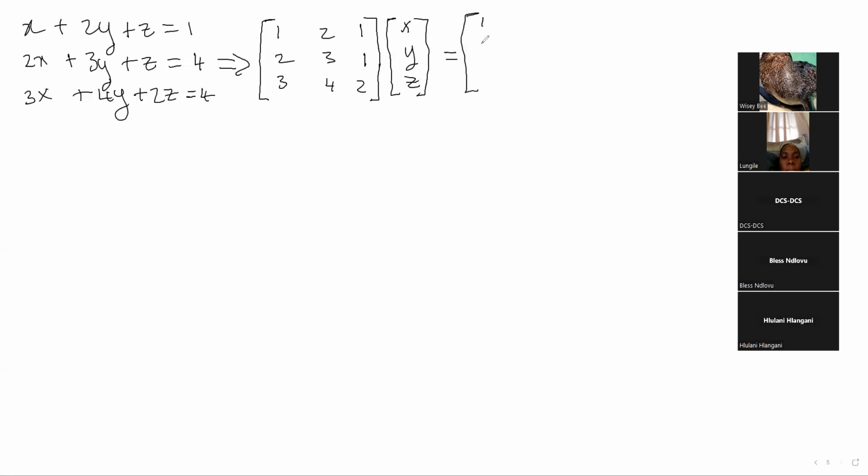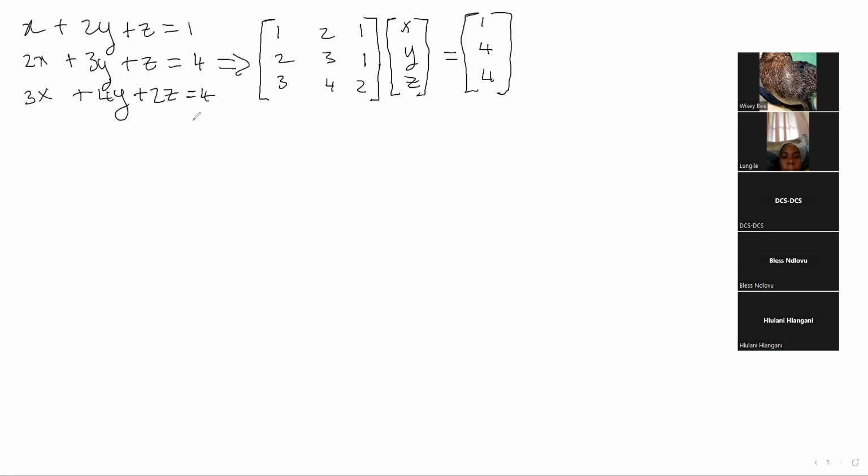That's another way of writing this, because if you multiply out the two matrices, you will get X plus 2y plus Z, and so on. So it's another way of writing this system.